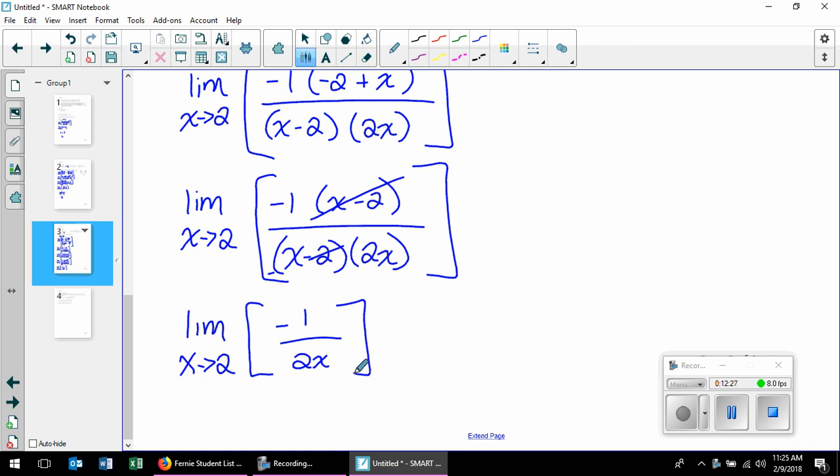I'm going to do some direct substitution, and I'm going to have -1/4. So this magic expression is approaching -1/4.